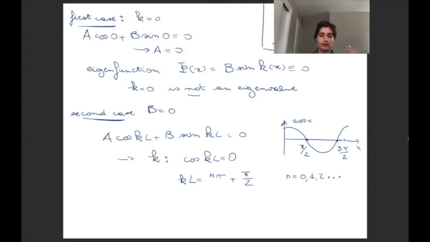If you're careful, you can change which values of n you're choosing. But if we go for n pi plus pi over 2, then we have n starting counting at 0, 1, 2, and so forth. And we're checking all the zeros of the cosine. So we have a formula to set k that depends on n for n equals 0, 1, and so forth.